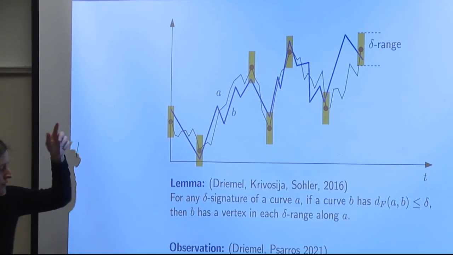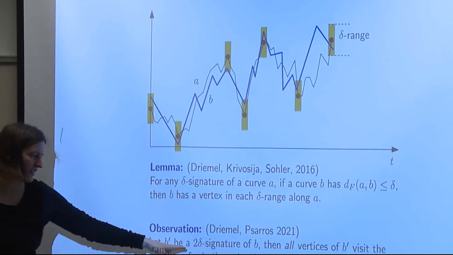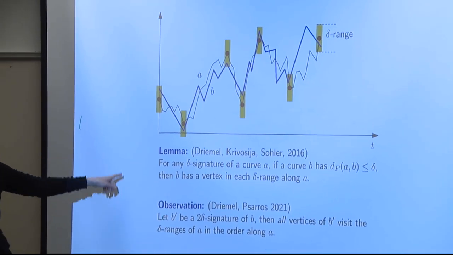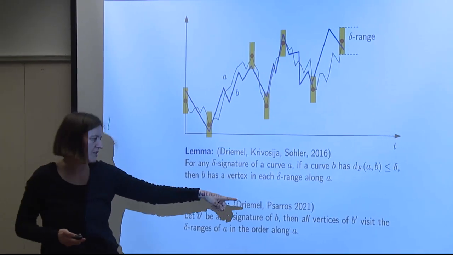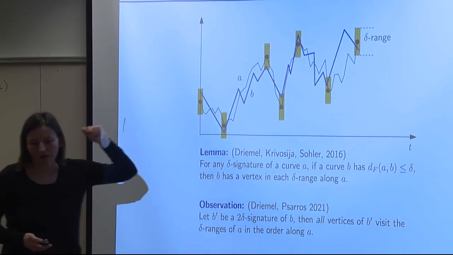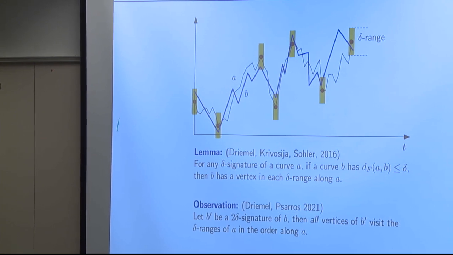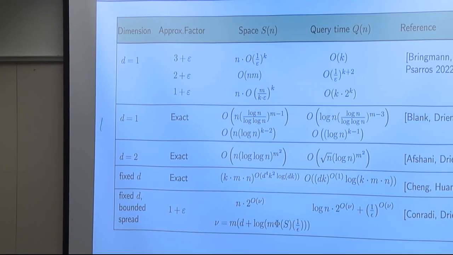And also, if I take the 2 delta signature of this other curve, then all my vertices of this 2 delta signature have to visit these ranges in the right order. I'm not proving this here, but this is a nice property of these signatures that helps us to use the discretization approach.